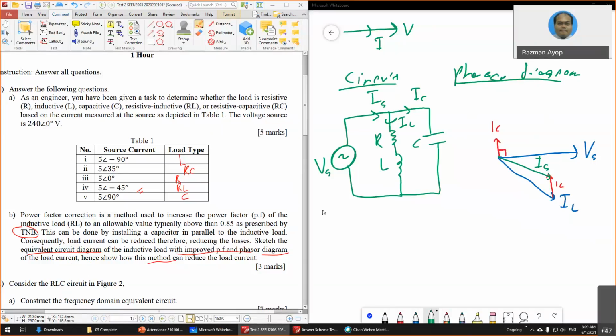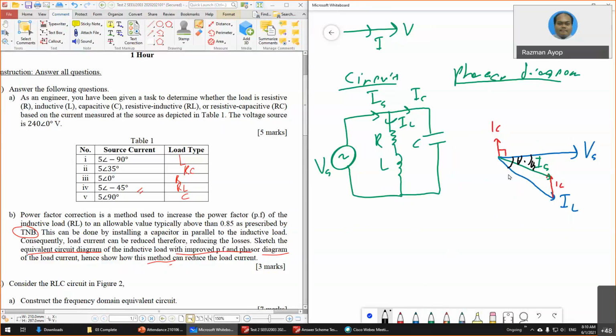So this one, what I just said, you have to explain. This one is 1 mark. When you put a capacitor, automatically the angle, this is theta 1, this one is theta 2.